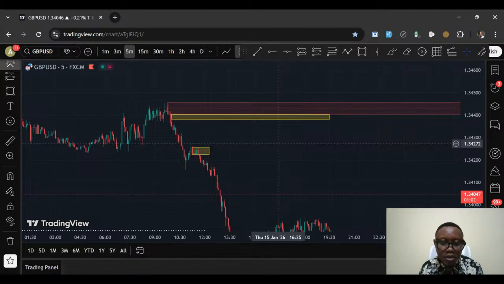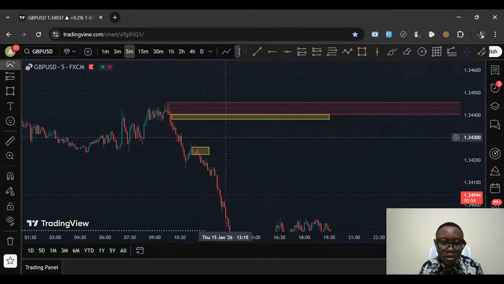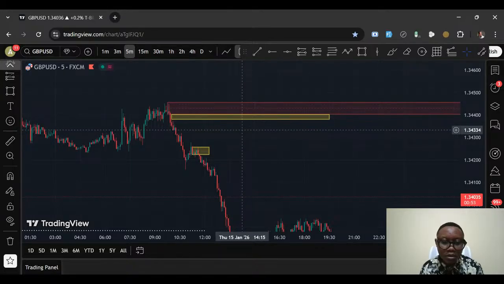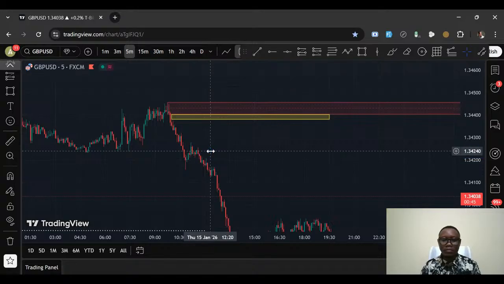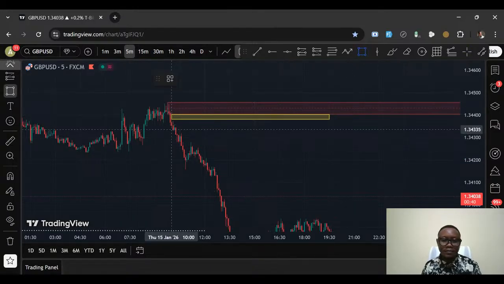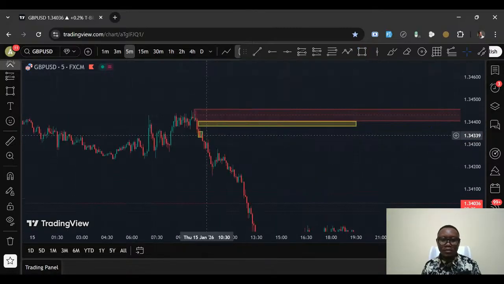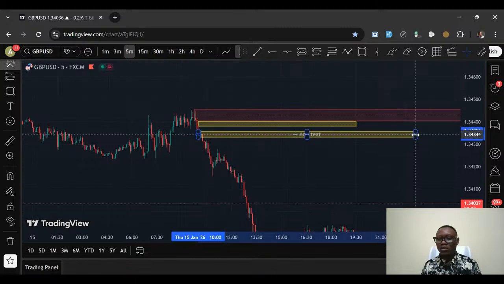Is there an FVG? Price has tapped into this already. So we have a zone here and this. So we have a zone here. We have a zone here. So we have a zone here.